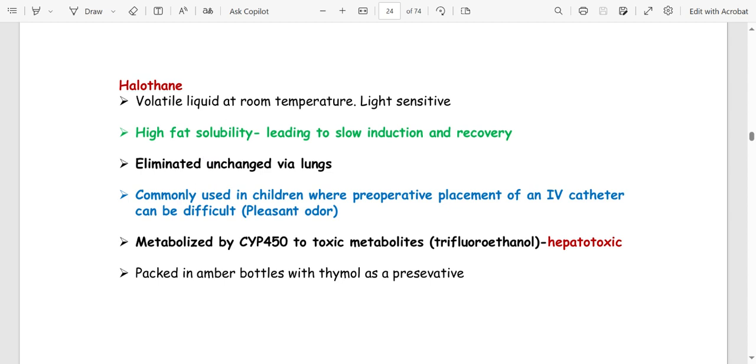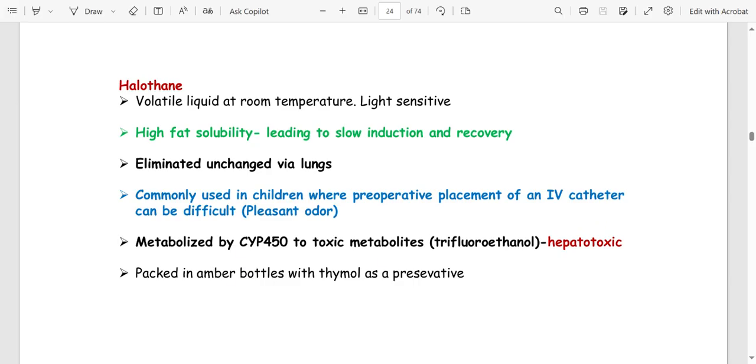It is eliminated also via the lungs unchanged, and is commonly used in children where preoperative placement of an IV catheter can be difficult. It has got a pleasant odor, that is why you can easily give it to children, where it is difficult to put an IV catheter because in children sometimes it's very hard.